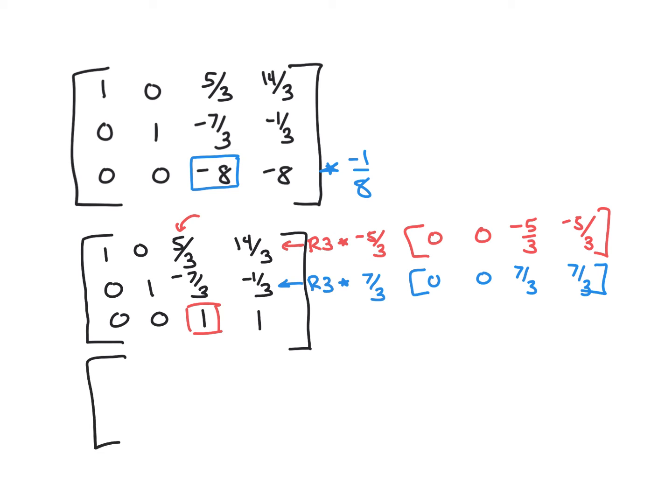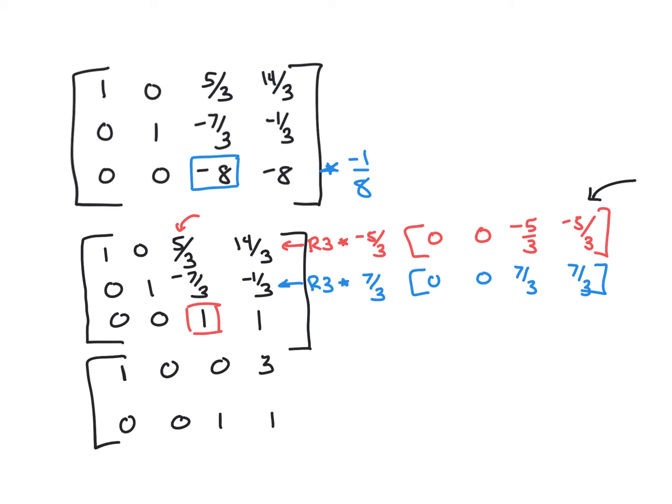So our 0, 0, 1, 1 is going to stay the same. We're going to add this red row to the top, so we'll get 1, 0, 0, negative 5/3 plus 5/3, and 14/3 minus 5/3 is 9/3, or 3.